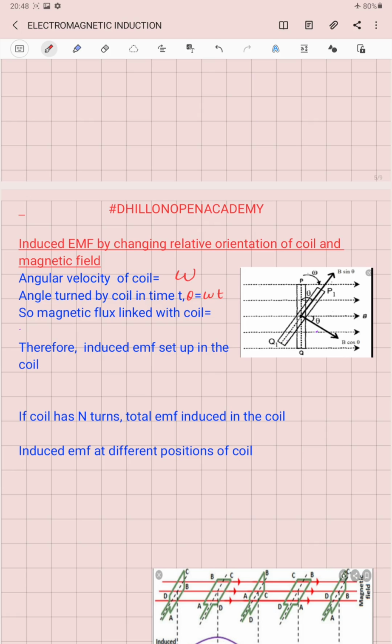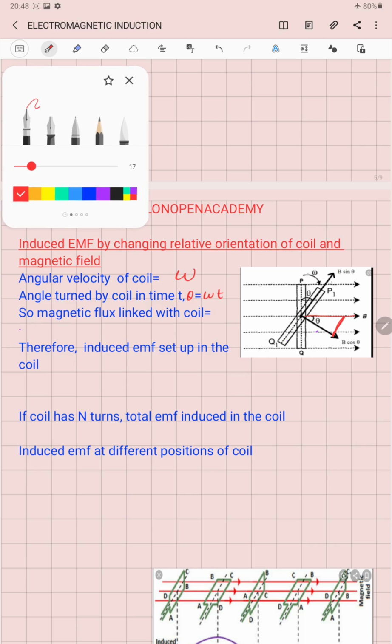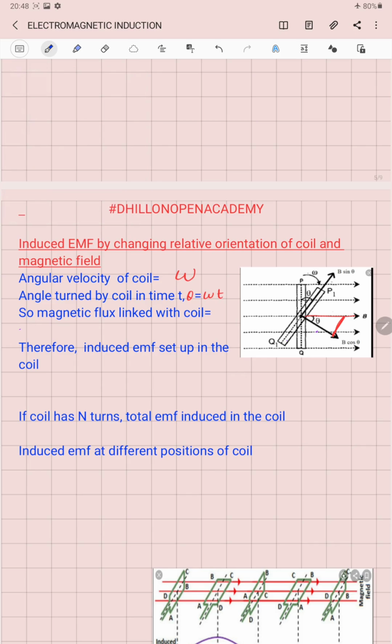Now, when the coil rotates, you can clearly see that the normal to the surface of the coil, that is the area vector of the coil, is making this angle theta with the direction of the magnetic field. So over here, if we drop a perpendicular from the direction of the magnetic field onto the area vector, then we get this right angle triangle, and in this right angle triangle we can decompose the magnetic field into two rectangular components.